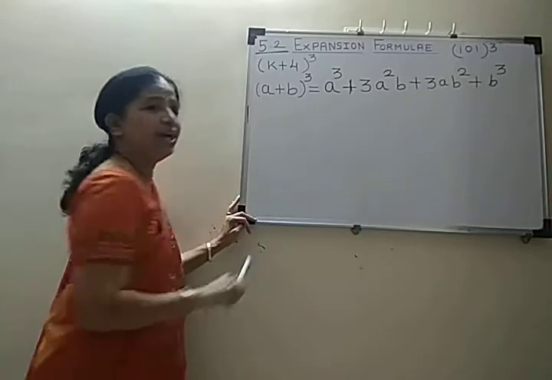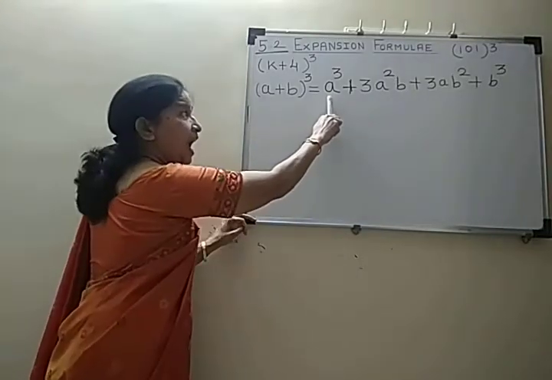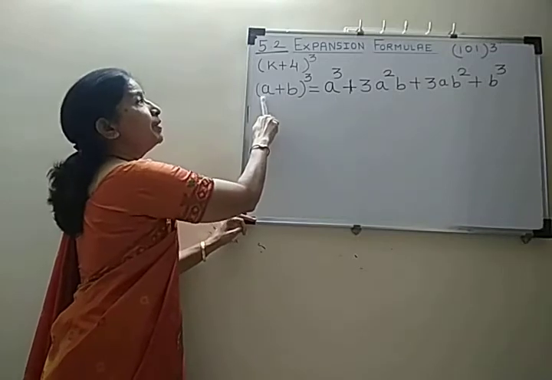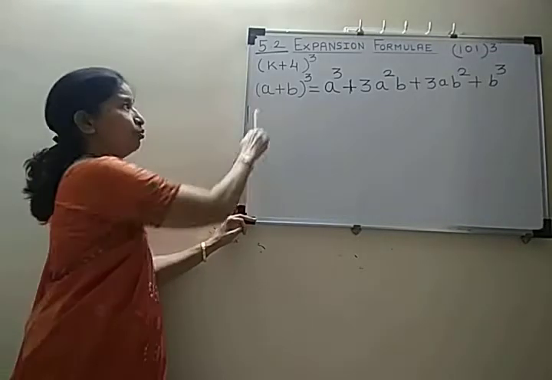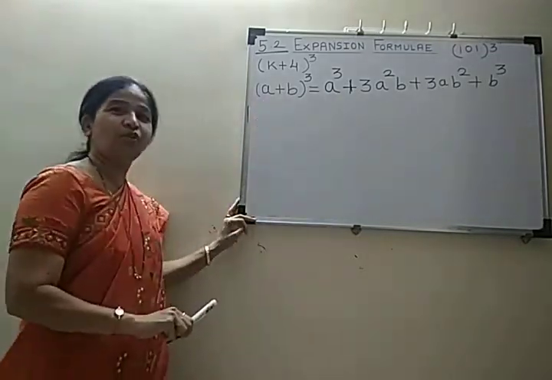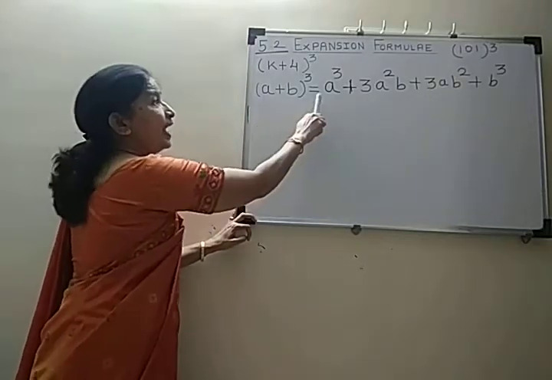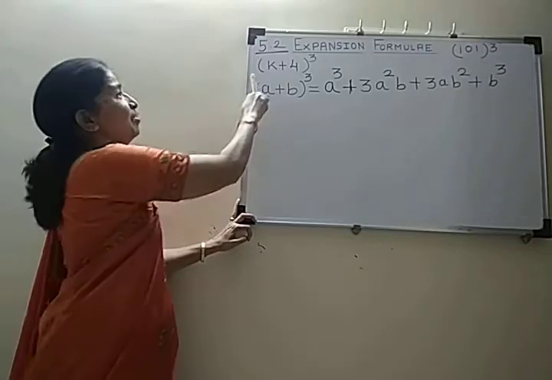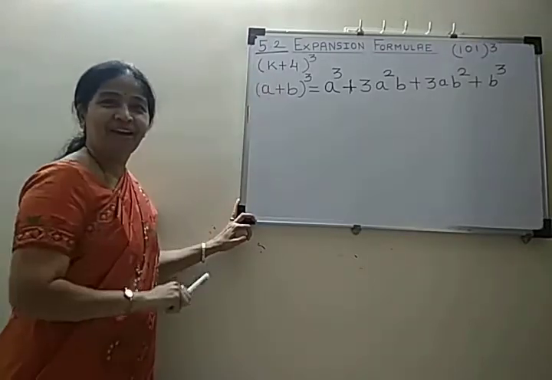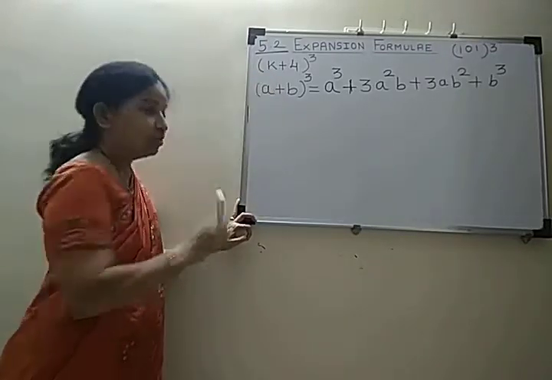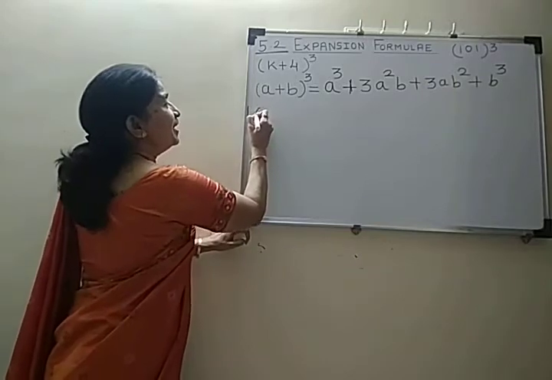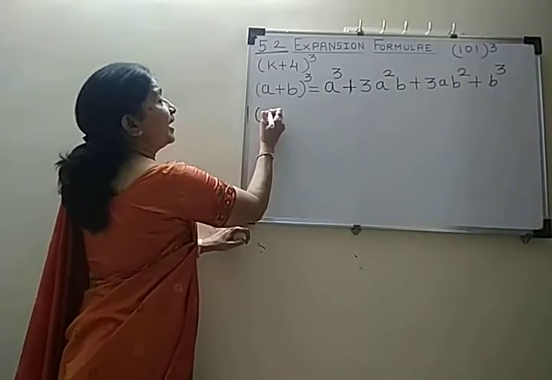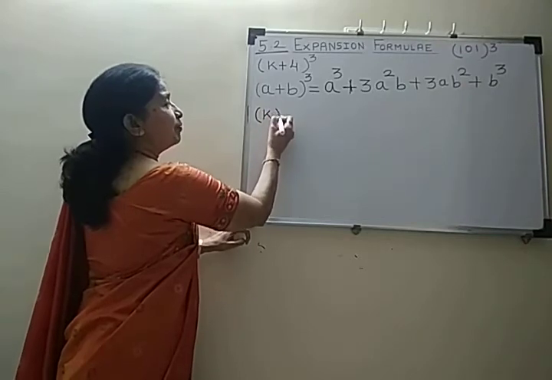What have they done? They have taken the cube of the first term. So, you want to apply this formula, no? So, take the cube of the first term here. What is the first term here? K, no? So, make the cube of k. That is k cube.